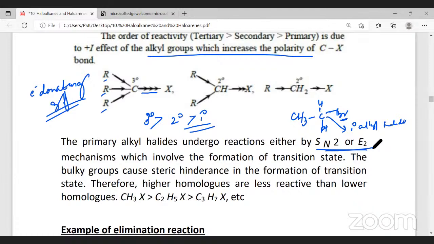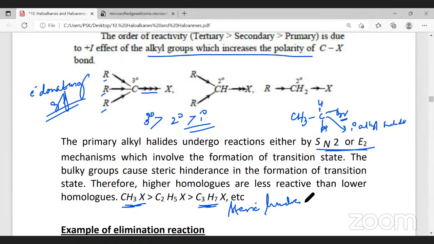The bulky group causes steric hindrance in the formation of transition state. Therefore, higher homologous series are less reactive than the lower homologous series. What is homologous series? You know, higher homologous series are less reactive compared to the lower homologous series because of something called steric hindrance.